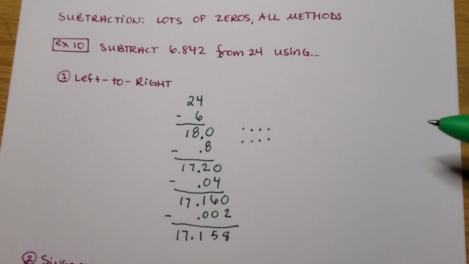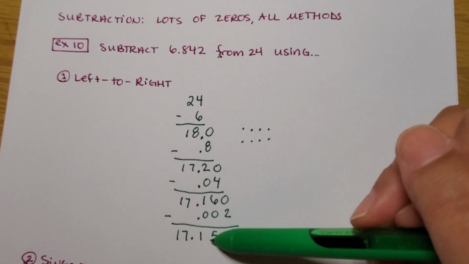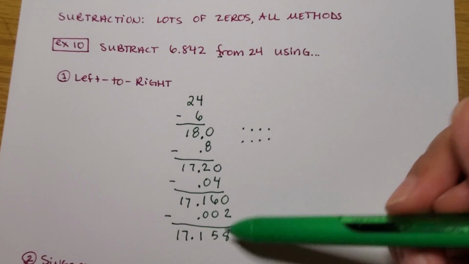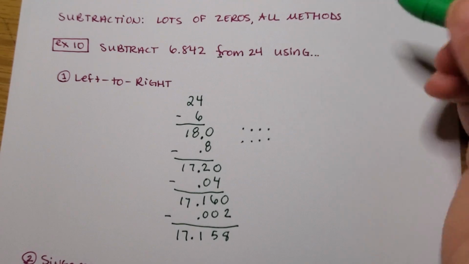So let's check to make sure we got this right. I'm going to use the addition process to do my check here, and later we can check with the traditional process to see if it's right. So I've got to add 17 and 158 thousandths to 6 and 842 thousandths.